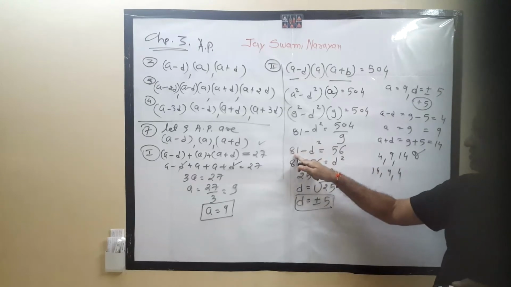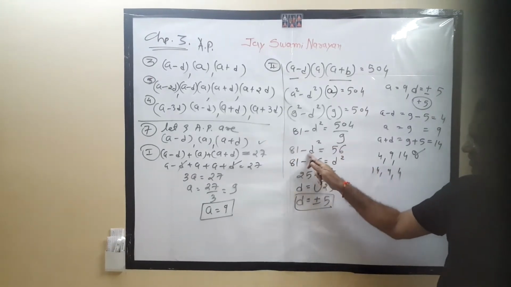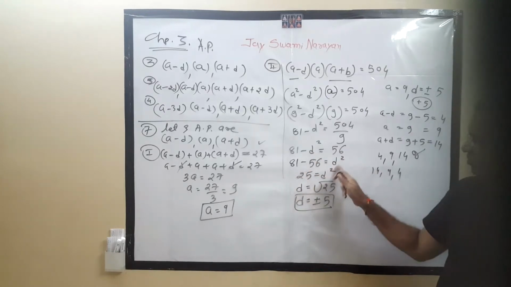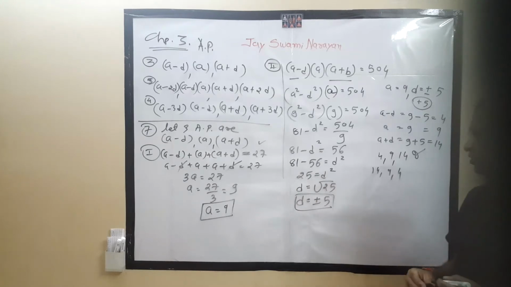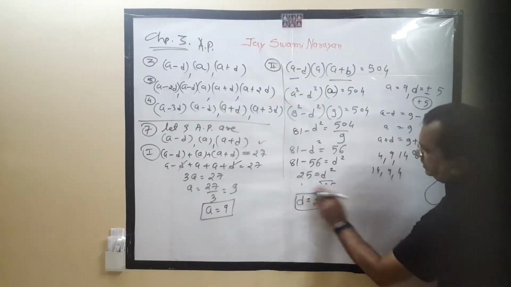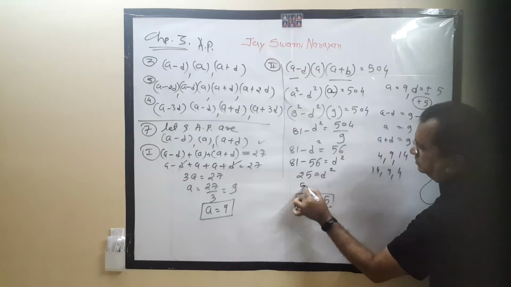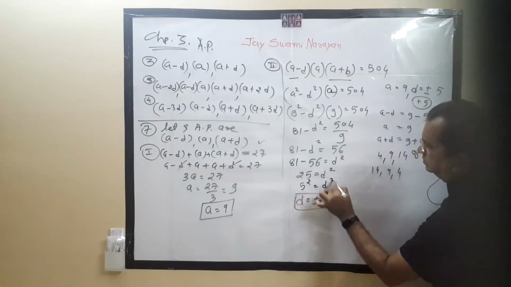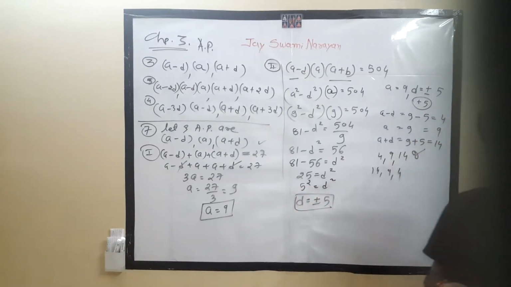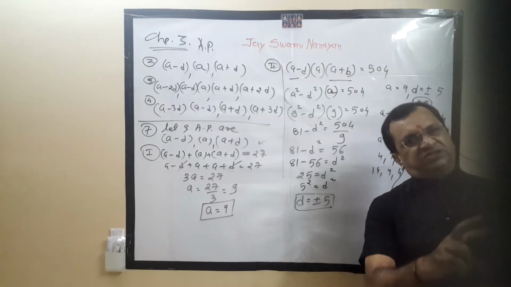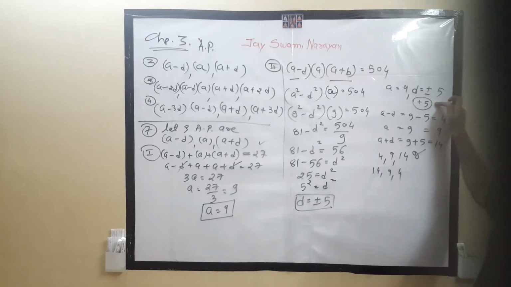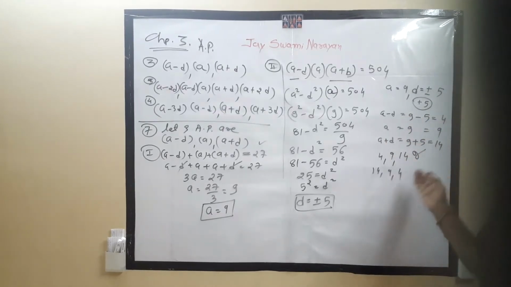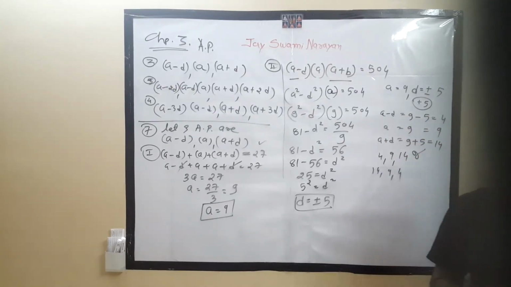So 56 goes this side, D squared goes this side, minus to plus, plus to minus. Difference is 25. D squared is equal to 25. Don't write it like this; you can write it like this also. By taking the square root, it will be plus and minus. With plus I have simplified. Whatever the answer, write in reverse form.